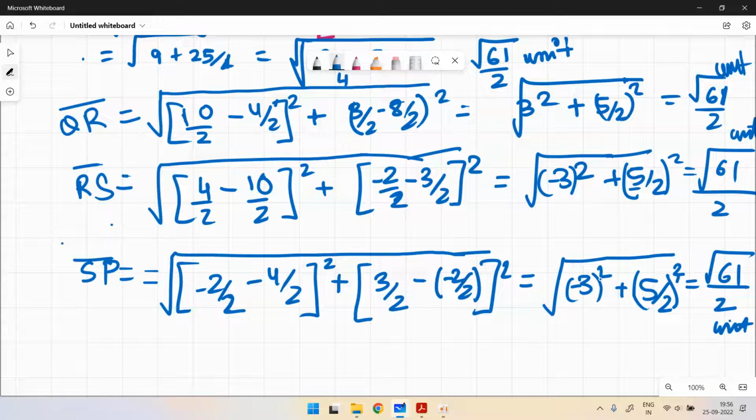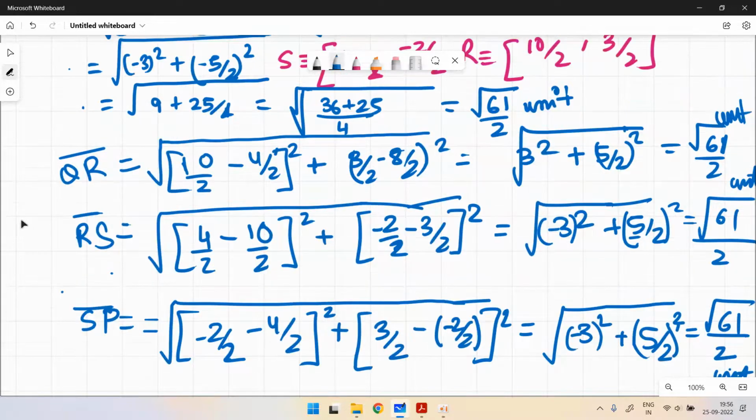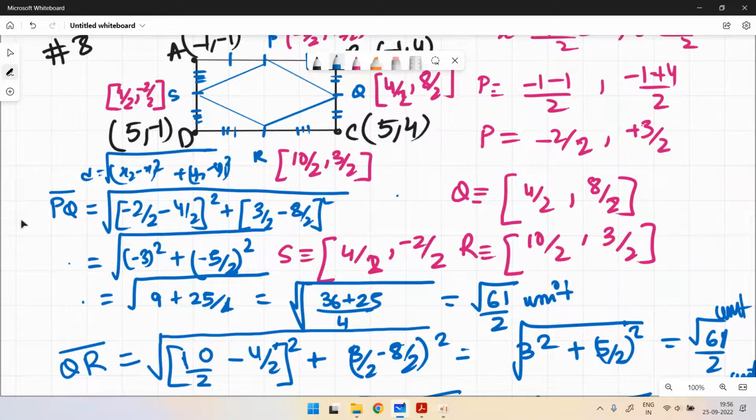Now you need to calculate the diagonals. The diagonals will be PR and QS.